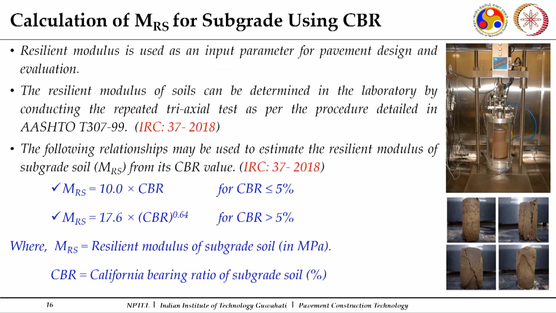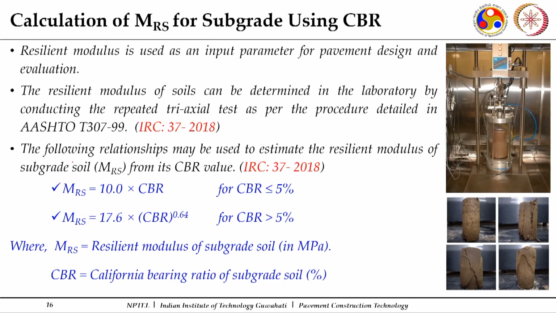Now, while making the computations for pavement crust determination, the input has to be in terms of the resilient modulus. This is again a parameter which gives you a strength in terms of the strain applied. For determination of resilient modulus of any soil sample, you need to make use of the triaxial test.